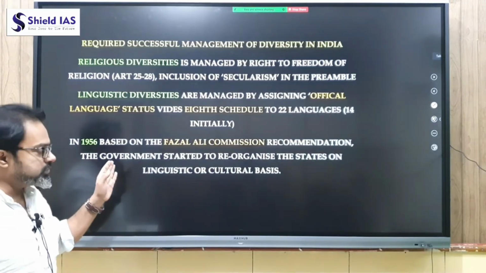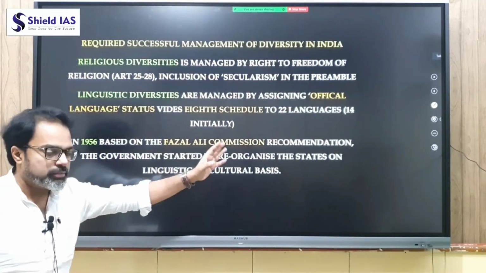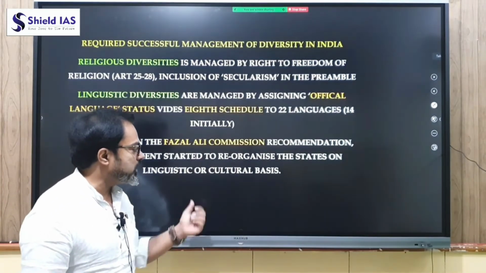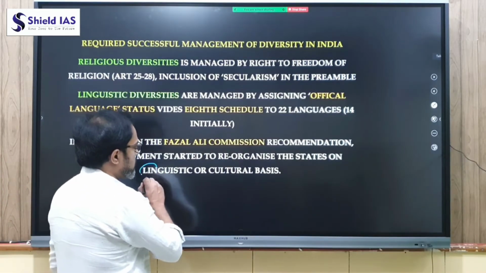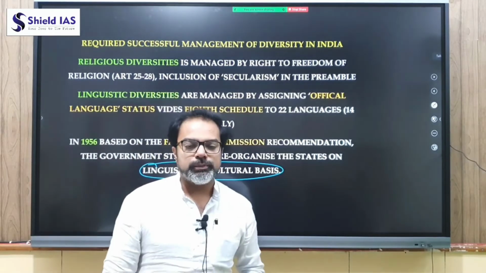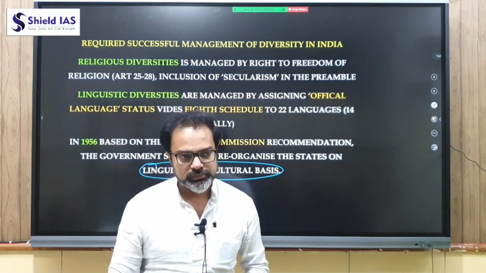And in 1956, on the Fazl Ali Commission's recommendation, the government started to reorganize the states on a linguistic or cultural basis. Hence linguistic states started to emerge from 1956 onwards.